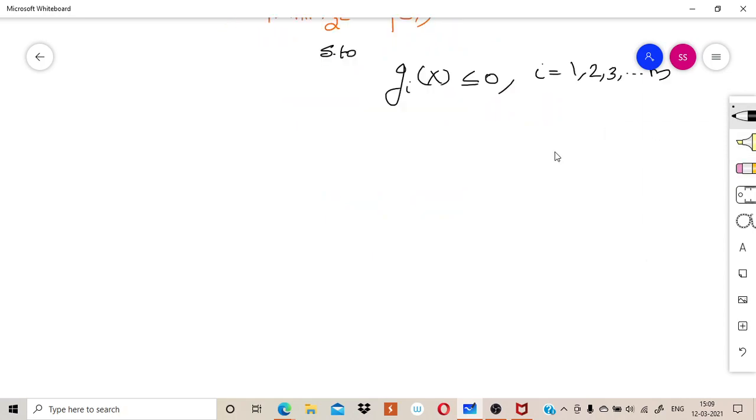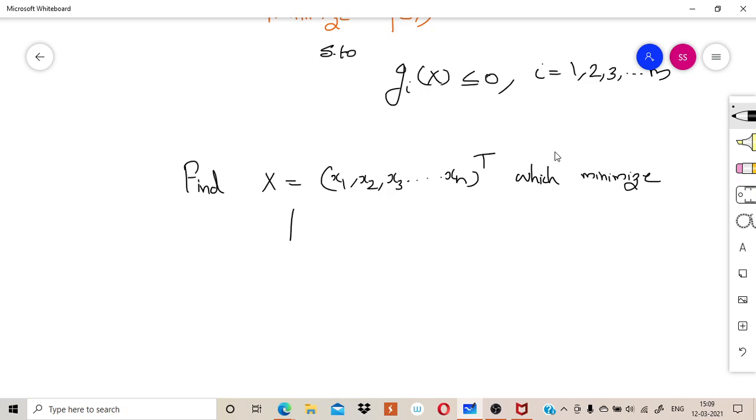So the standard form of CPP looks like this, that is find x which belongs to the n-dimensional space, x = (x1, x2, x3, ..., xn) transpose, which minimizes f of x subject to gj of x less than or equal to 0, where j takes values 1, 2, 3, etc. up to m.